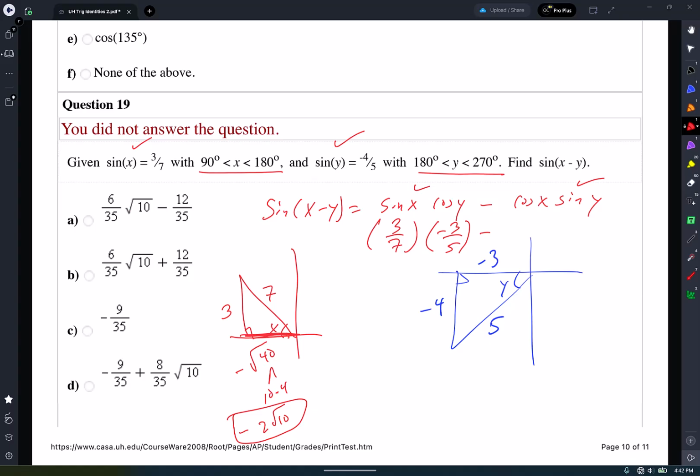Negative 2 square root of 10 over 7. Sine y, I go to the y, negative 4/5. Okay. Negative times positive times a negative is a negative, so negative 9 over 35. Minus, because these are both negatives here. 4 times 2 is 8. 8 square root of 10 over 35.